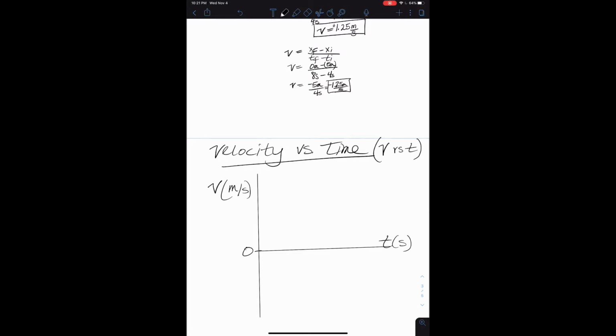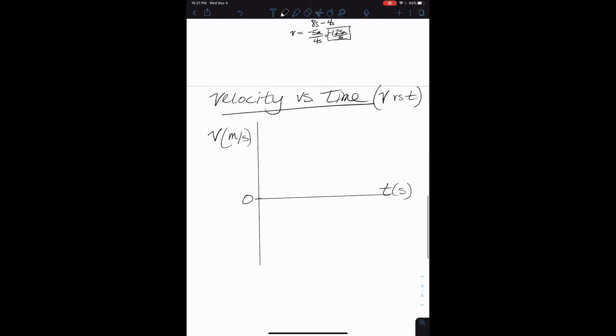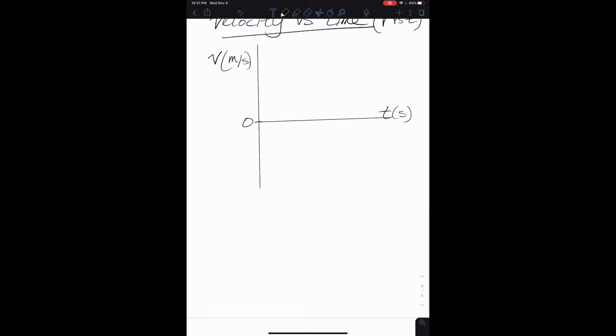All right, let's go ahead then and talk about the 3 types of questions they're going to ask you. One is going to be a right there question. A type of right there question would be, what is the velocity at a certain time?